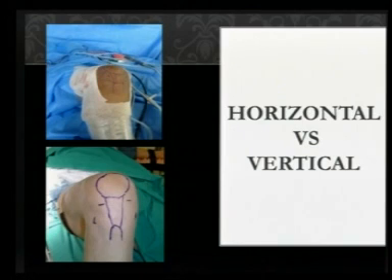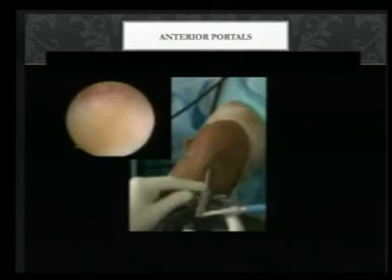So in my opinion, earlier on in your career, you make a vertical portal rather than a horizontal portal. Also, when you make a horizontal portal, there is evidence to say that there is less damage to the nerve fibers around that area.